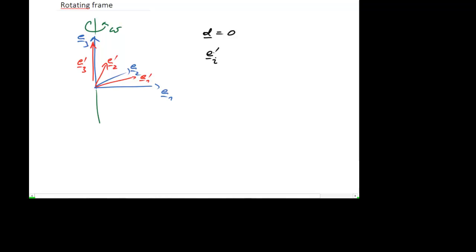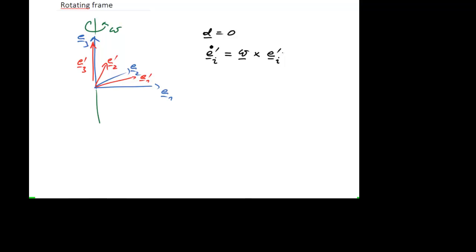And this means that we look at the change in time of the basis vector ei prime. This is given by the angular velocity omega vector product with ei prime.